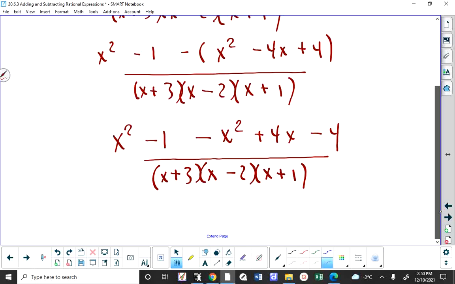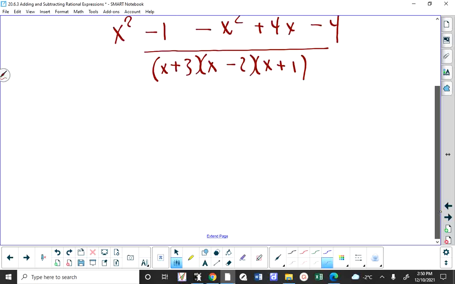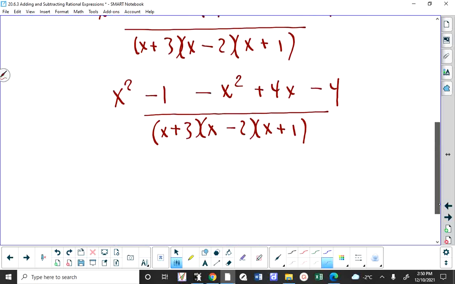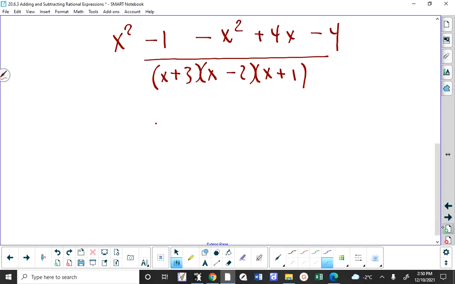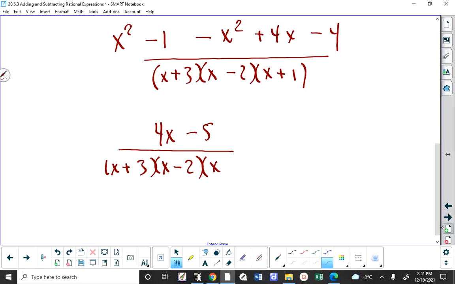I'm left with 4x minus 5, looks like. And given that 4x minus 5 is a binomial, and it's not factorable, I'm done. Nothing I can do with that.